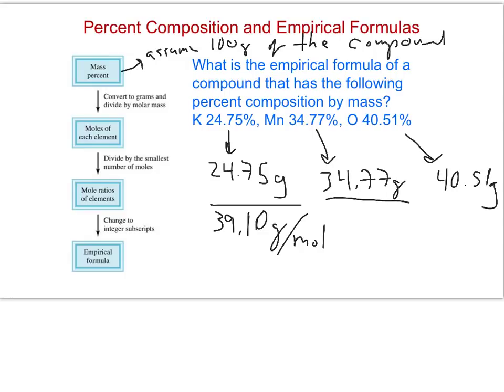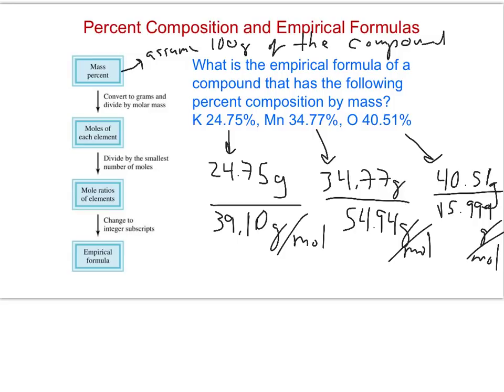Manganese is 54.94 grams per mole. And then oxygen is 15.999 grams per mole. And that's how you're able to convert from grams to moles. Grams cancel, and you're left with moles of each of these elements.